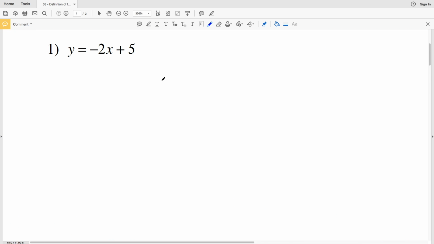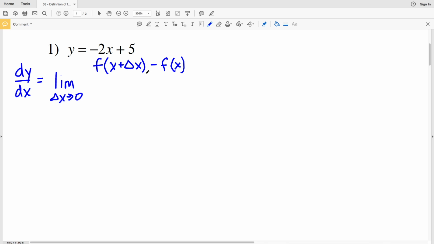Now in number 1, we have the equation in terms of y. So we're going to find the derivative of y with respect to x. So that's dy dx. So this is going to equal the limit as delta x approaches 0 of f of x plus delta x minus f of x all over delta x. So I'm going to plug in x plus delta x in for x.